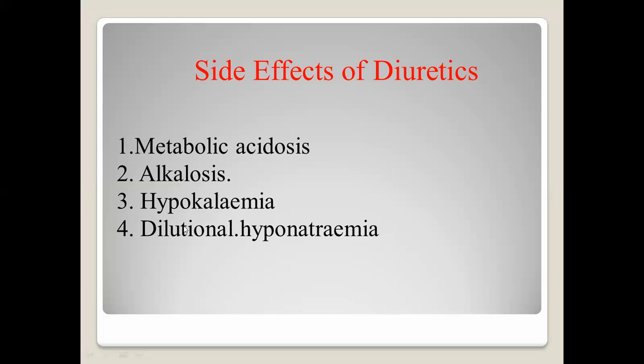After the side effects, one point is remaining: contraindications of diuretics. So where is it contraindicated? Firstly, it is contraindicated in diabetes patients because it develops hyperglycemia. डायबिटीज पेशंट मध्ये कॉन्ट्राइंडिकेटेड केला जातो, बट ट्रीटमेंट मध्ये काय बघितले आपण?